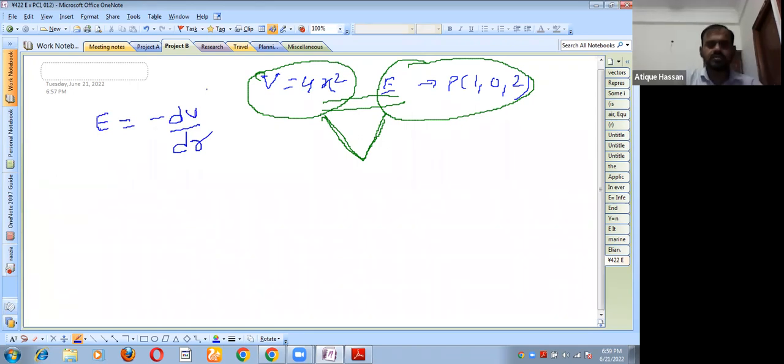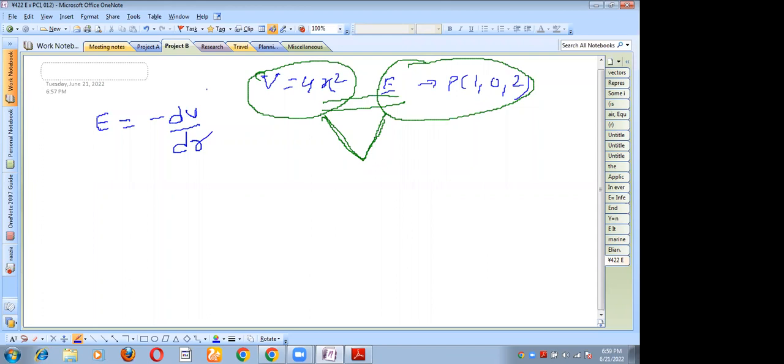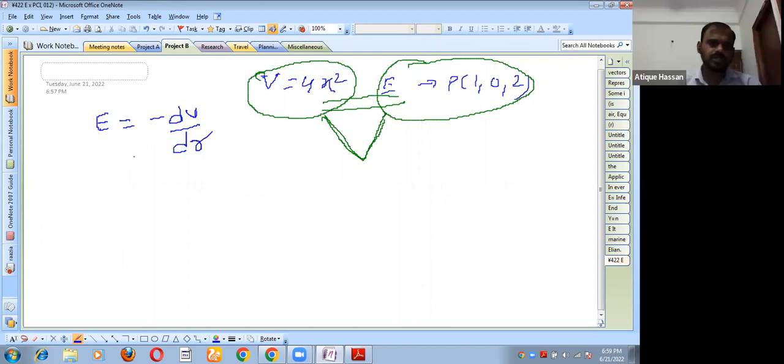Yes, sir. Correct. So this formula is the relation between electric field and potential.